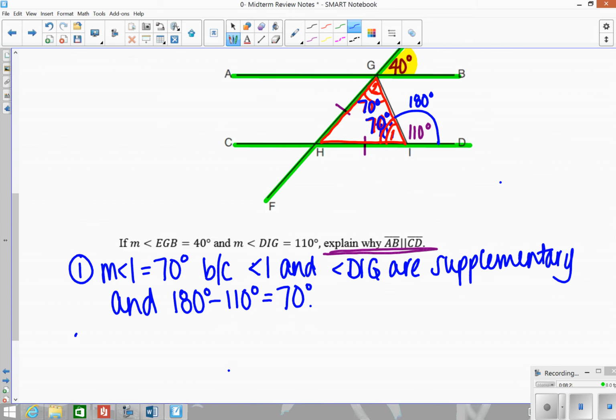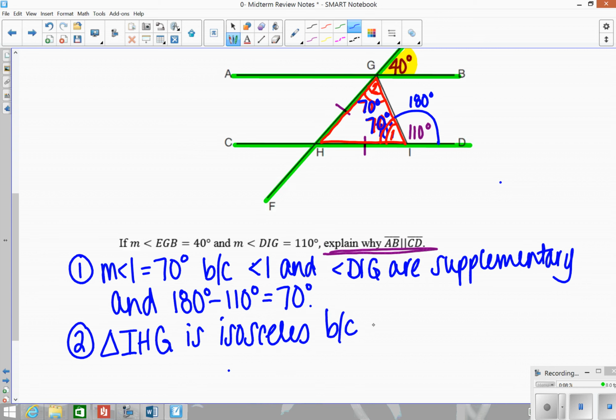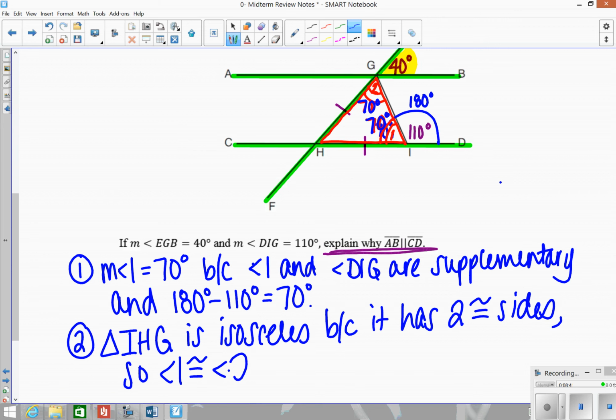So I can now say that triangle IHG is isosceles because it has two congruent sides. So this tells me angle 1 is congruent to angle 2. Then we said that angle 2 is equal to 70, since angle 1 was equal to 70. I'm just going to put those in blue so it shows up a little bit.